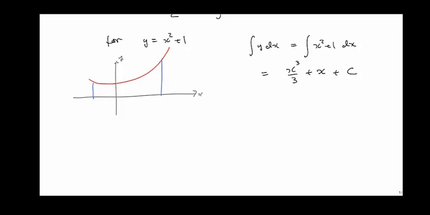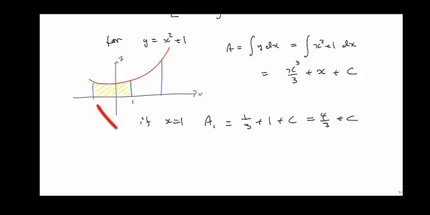Now if we substitute the value 1 for x, so if x equals 1, then the area would be 1/3 plus 1 plus c, which is 4/3 plus c, and that's the area up till 1, which can be this area here from some arbitrary value over here.